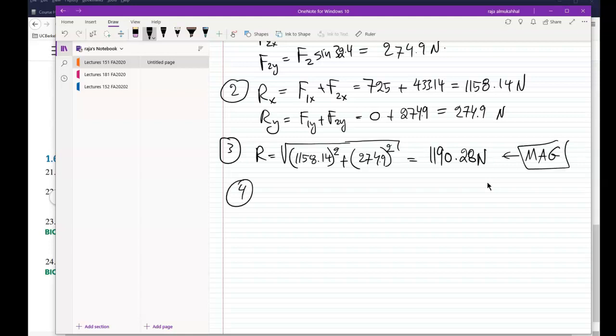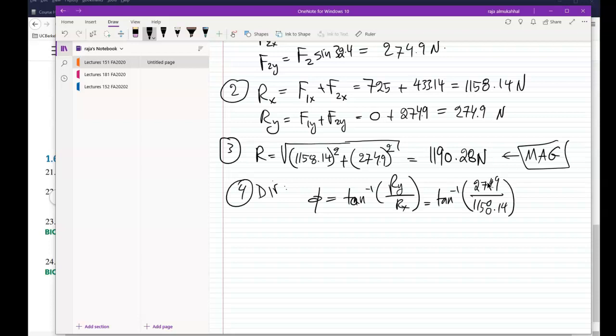And then the direction. So it's phi, remember? Tan inverse of R sub y over R sub x. So that will be tan inverse of 274.9 divided by 1158.14. And if I calculate that, I get 13.4 degrees.